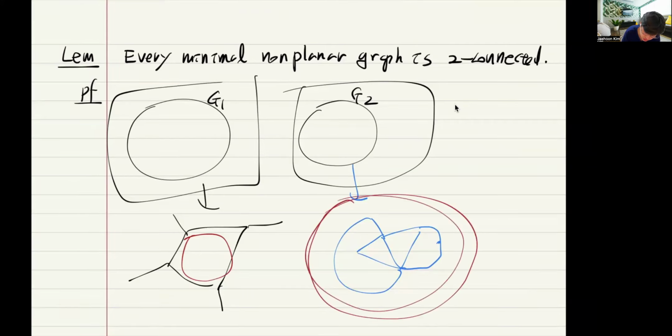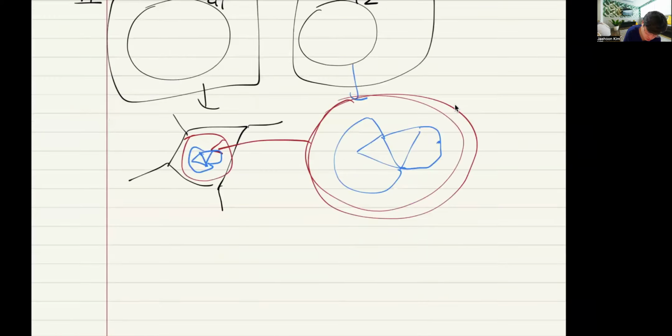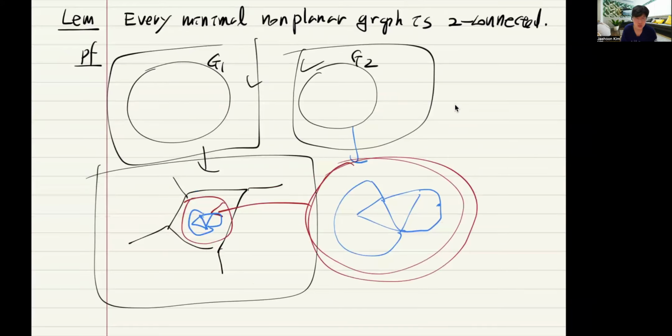And then what we do, you shrink this inside of this one face, and then you draw it. Then that gives us a plane embedding of the union of these two. So a minimal non-planar graph is connected.